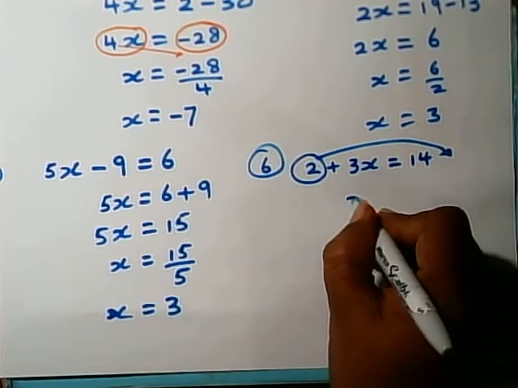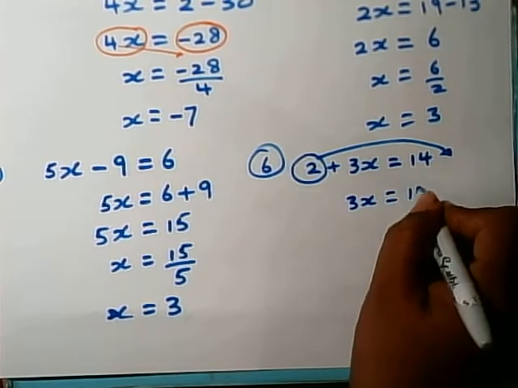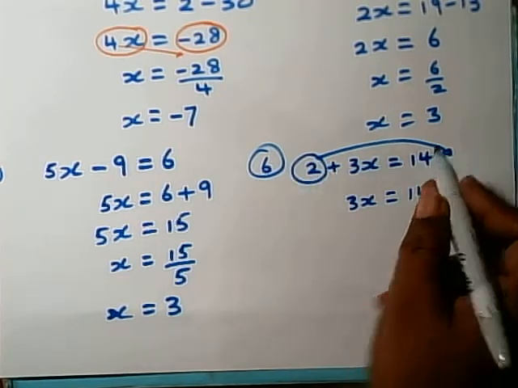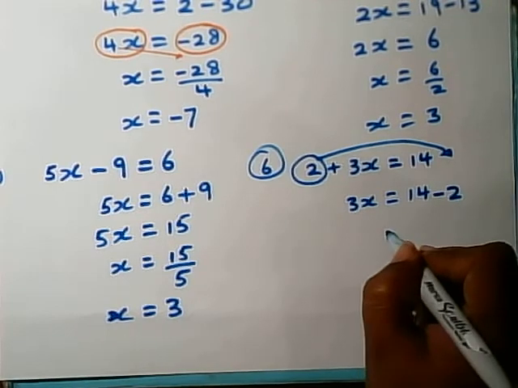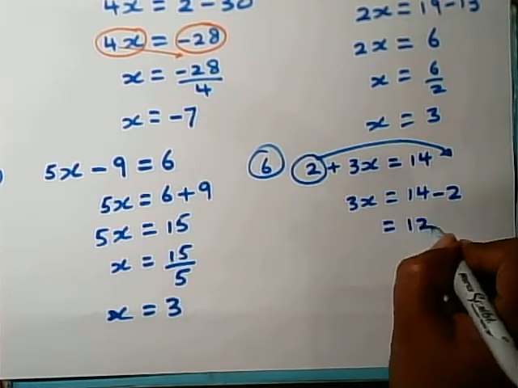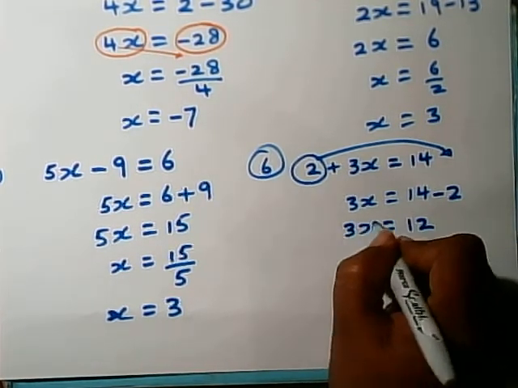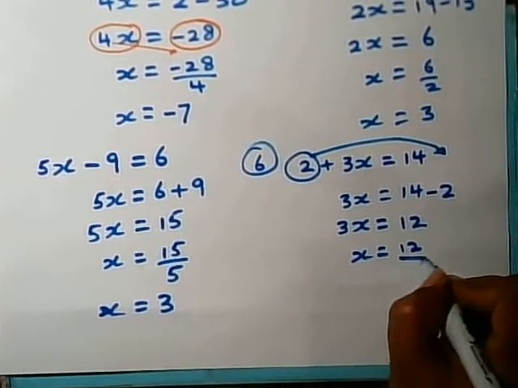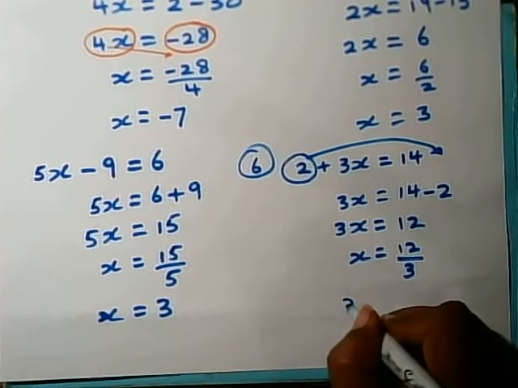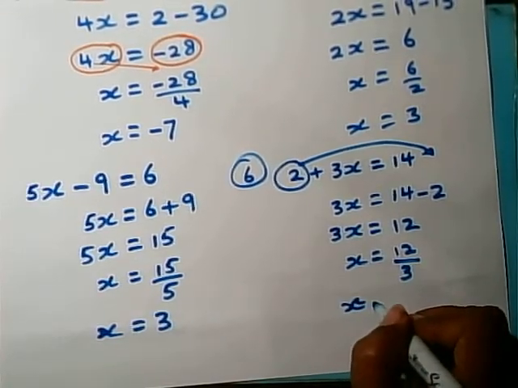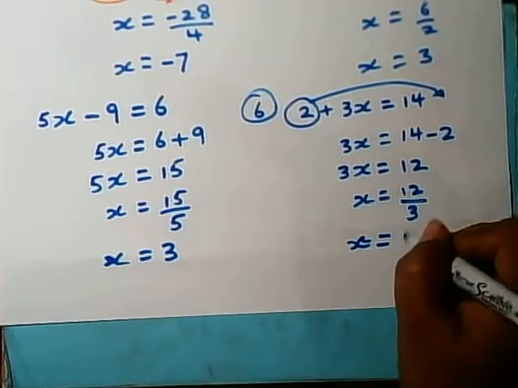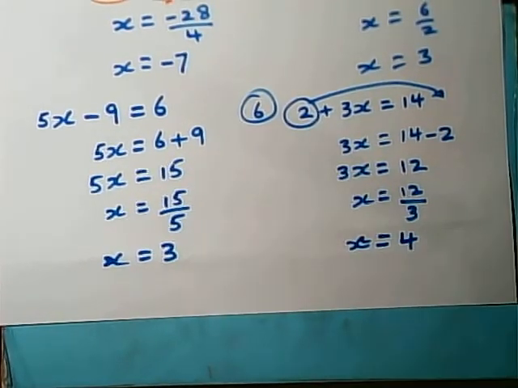So we end up with 3x is equal to 14, but this positive 2 now turns to a negative 2 on this side. 14 take away 2 is 12. 3x is equal to 12. X is equal to 12 over 3, which is 4.